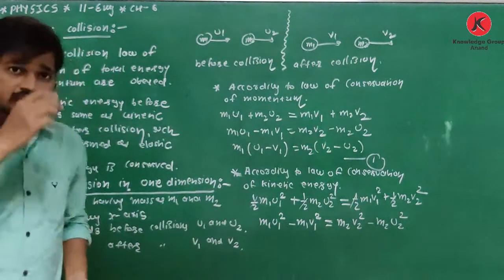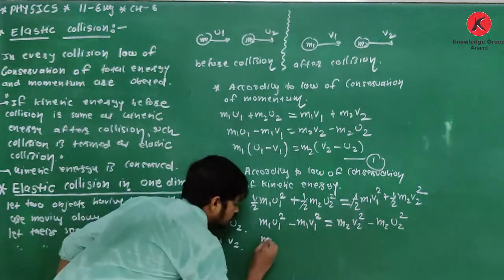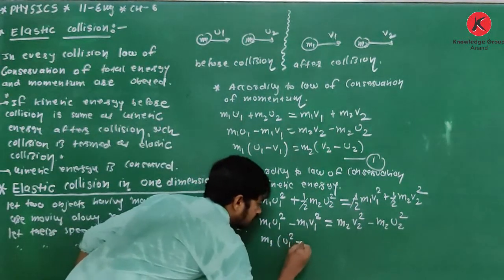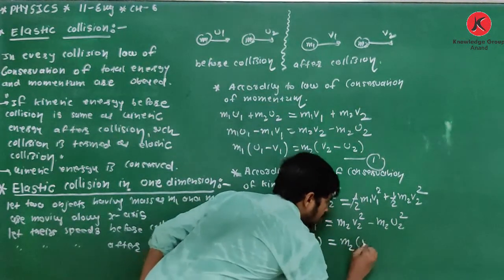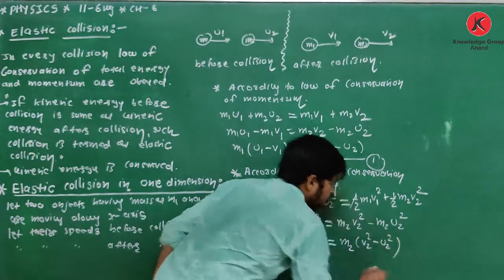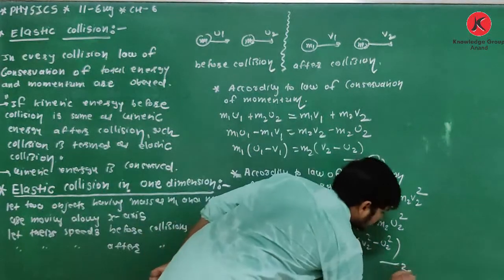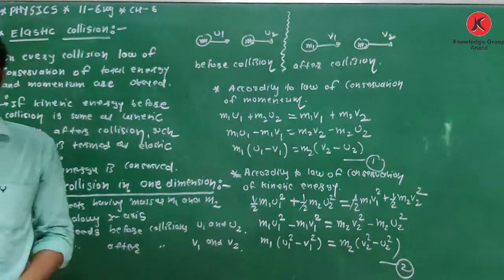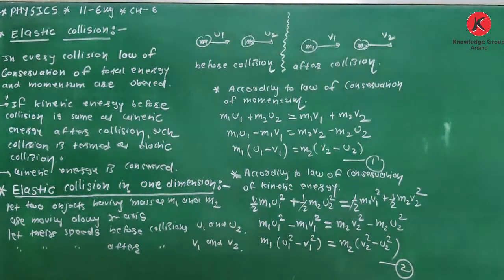Now take m1 common: m1 times (u1 square minus v1 square) is equal to m2 times (v2 square minus u2 square). This is equation number 2. By applying conservation of momentum you obtain equation 1, and by applying conservation of kinetic energy you obtain equation 2.